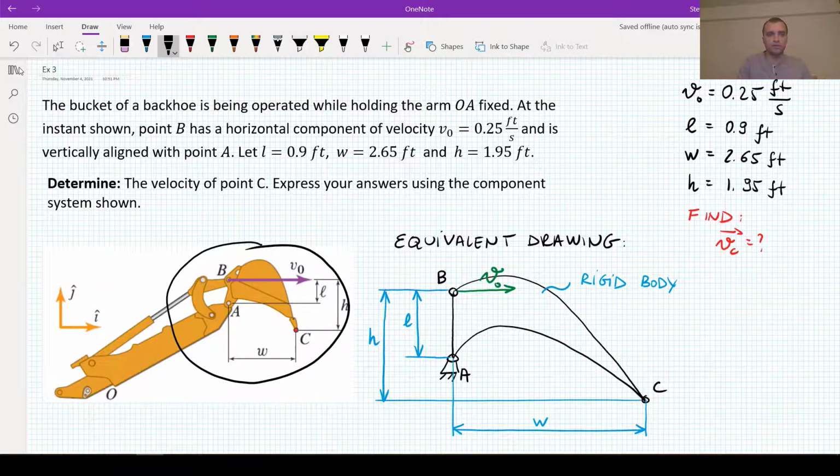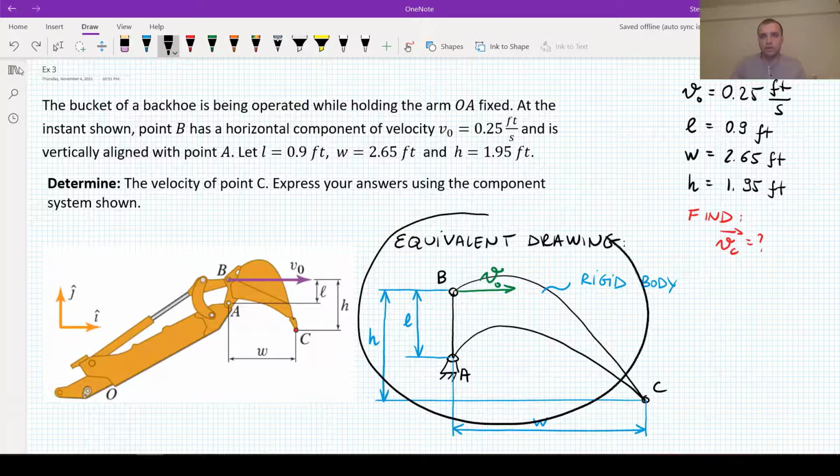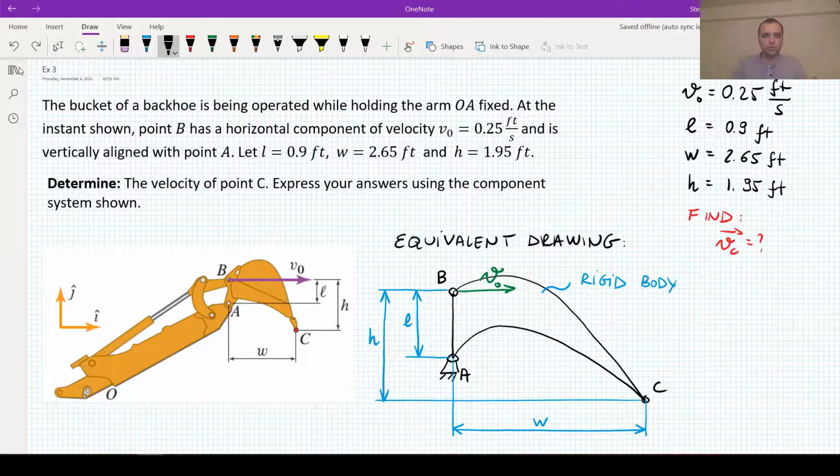I personally have no idea what is fixed in here and what is moving. I don't know what that mechanism looks like. That's why I prepared an equivalent drawing to what the authors of the manual provided.